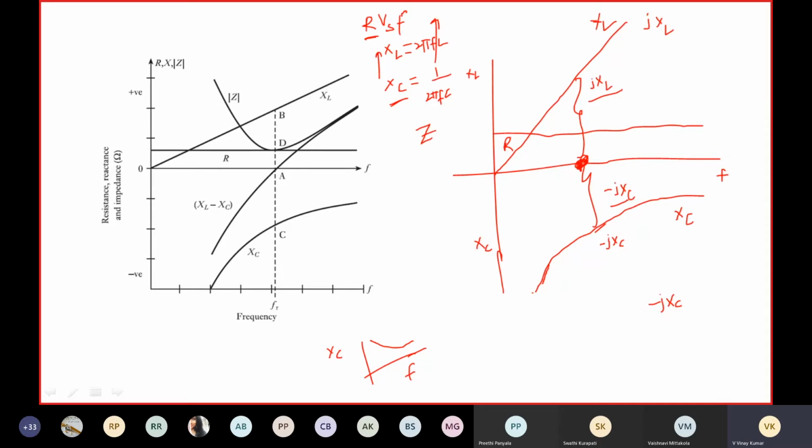So you're going to have Z like this. Here, that is at resonance.